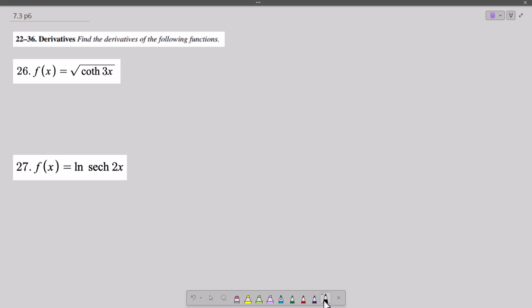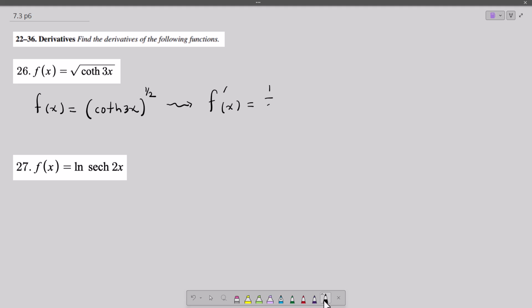The easiest thing is probably to convert this over to a fractional exponent. Generally, it's a little easier to see what's happening. So we're going to write that square root as a 1/2 exponent. And in order to formulate the derivative, we will use the chain rule.